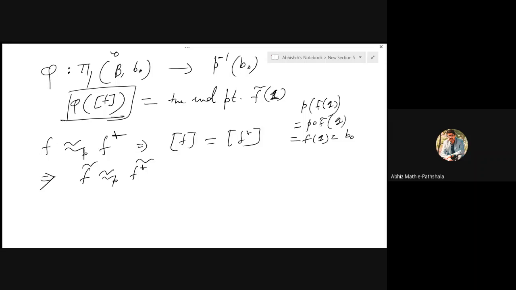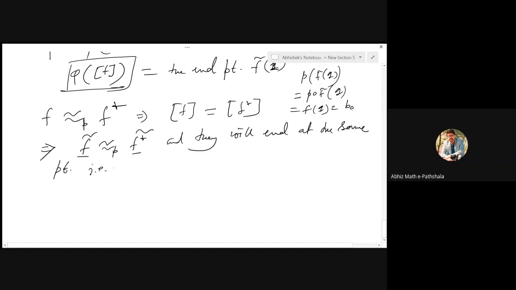Not only that, the conclusion is that these two liftings will end at the same point.